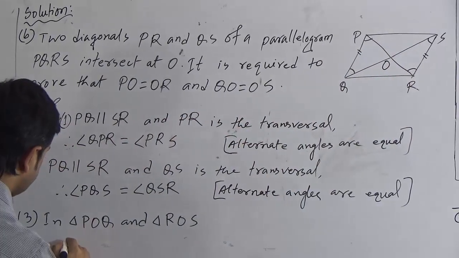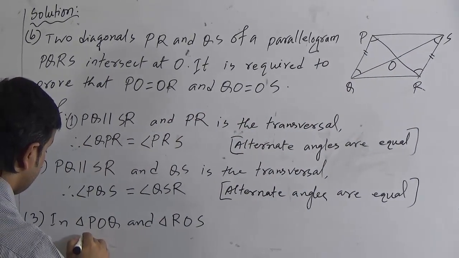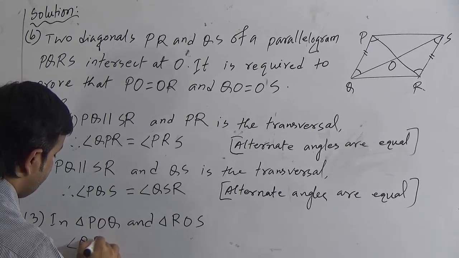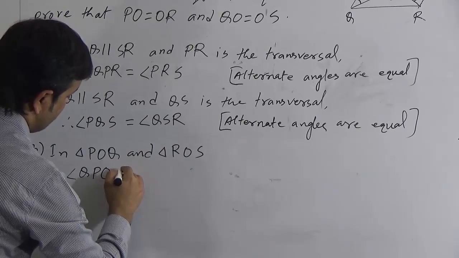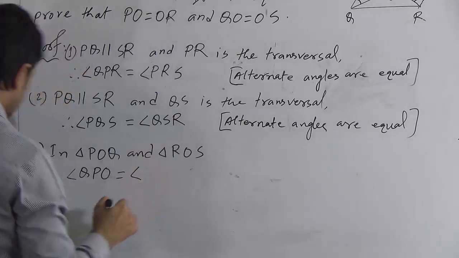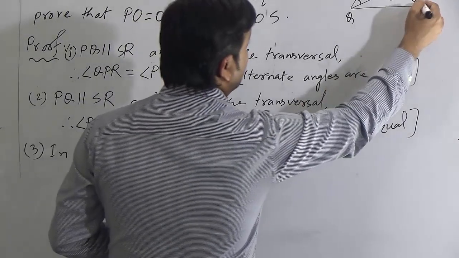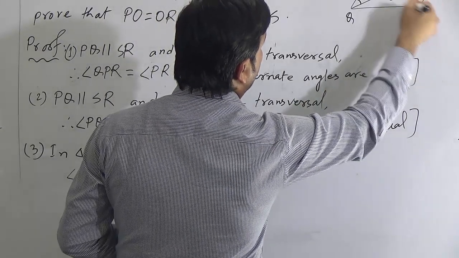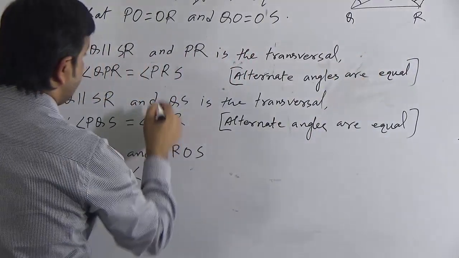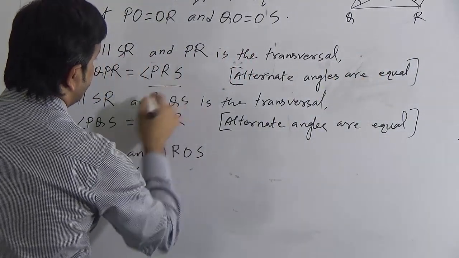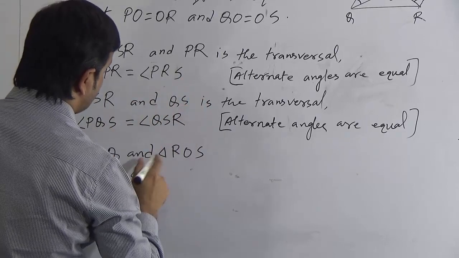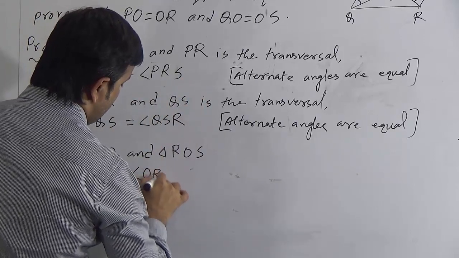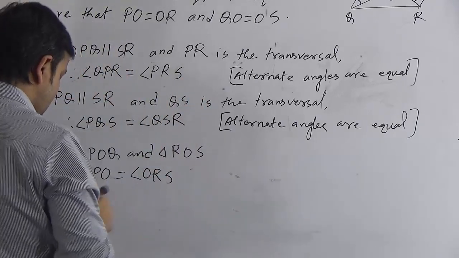So we can write here angle QPO is equal to angle, which one? This one, ORS. Here I have written PRS. So we have to write here ORS. But how can we write?